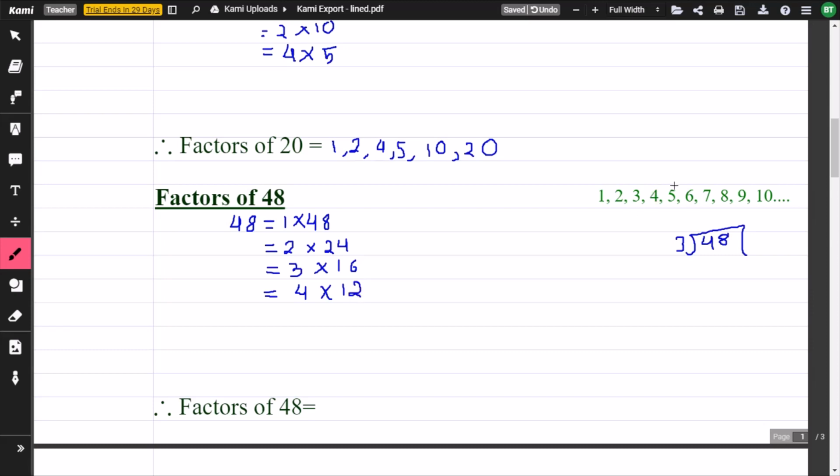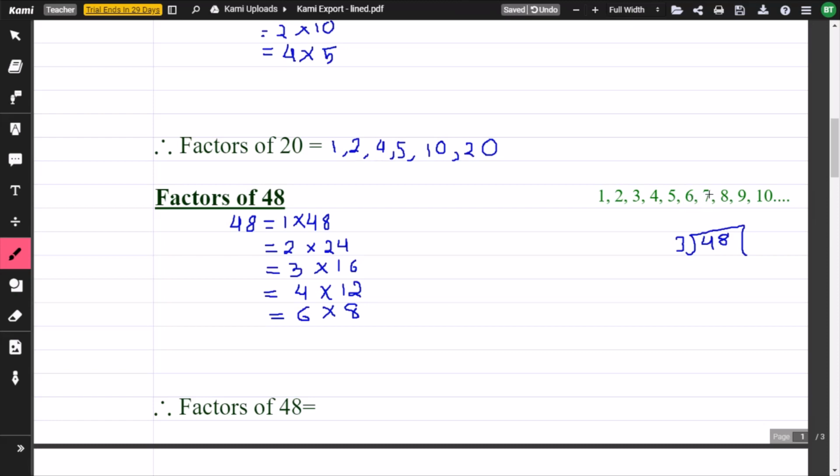After 4, move to the next number 5. 48 is not divisible by 5 because the last digit is 8, which means 48 cannot be divided exactly by 5. Now after 5, move to the next number, which is 6 here. So 48 is divisible by 6. 6 times 8 is 48. After 6, move to the next number.